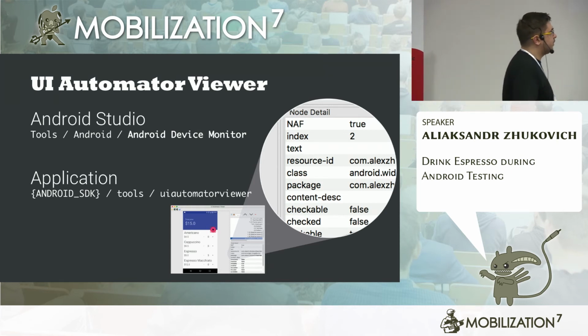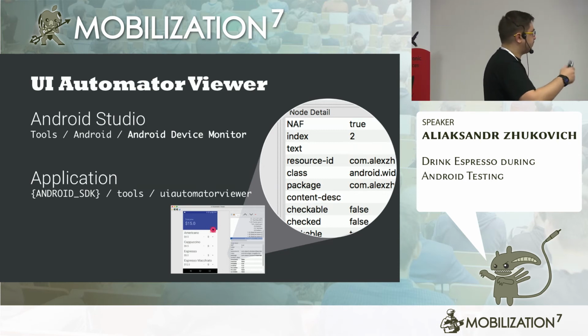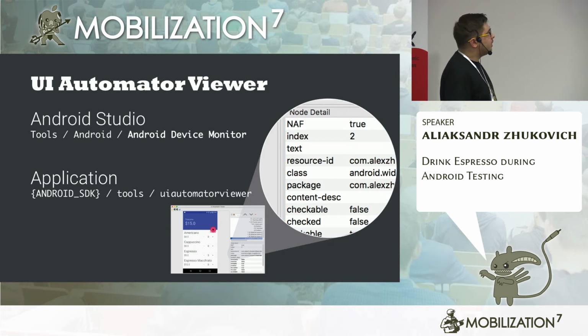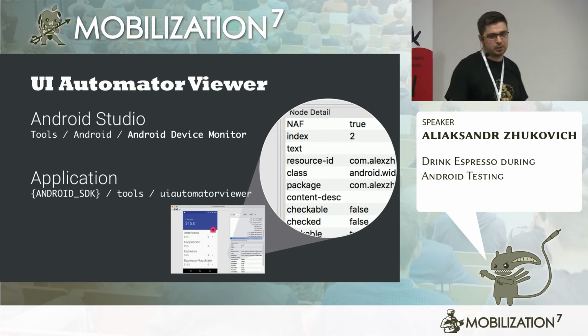You should connect some device or emulator and scan the screen. It scans the whole screen, and here you have the whole view hierarchy, and you can choose some view and get detailed information about it. Here you can get a resource ID, content description, text, index, whether the view is clickable, checkable, etc. And in this way, we can get the ID of different views, for example, a snackbar.